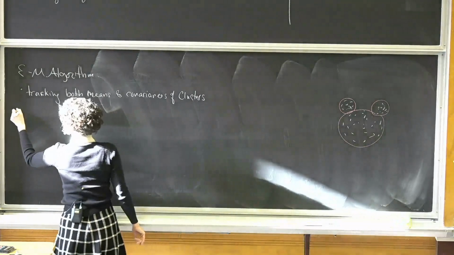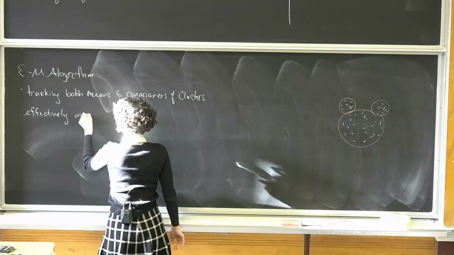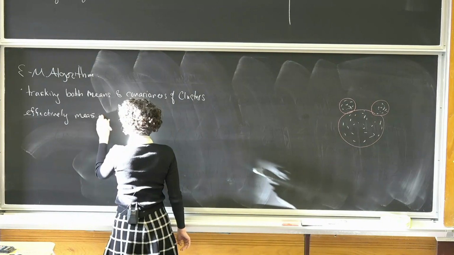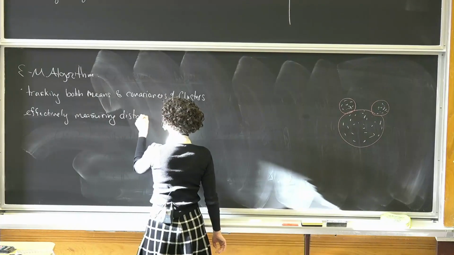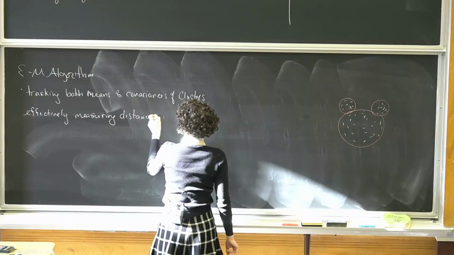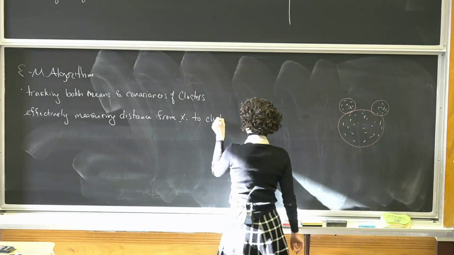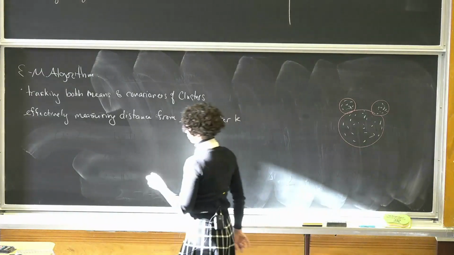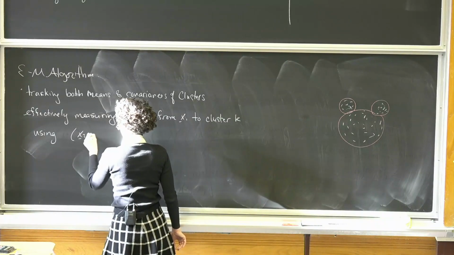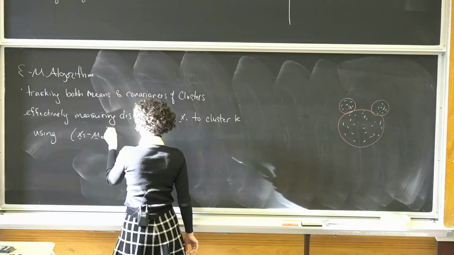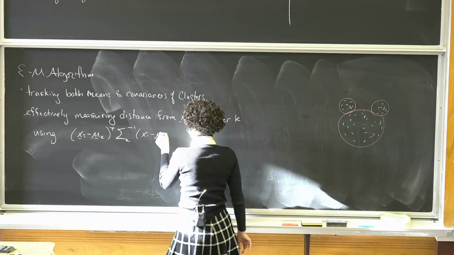So we are effectively measuring the distance from xi to a cluster k: (xi - mu_k)^T Sigma_k^{-1} (xi - mu_k).